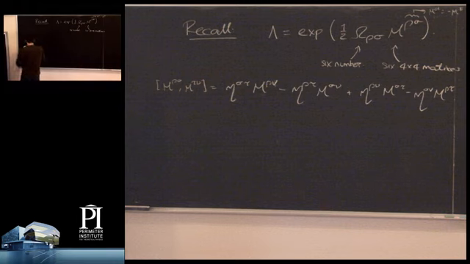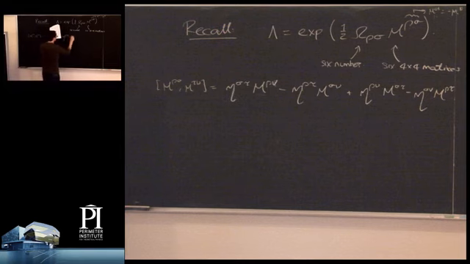So the commutation relations are, and we worked this out in the last lecture, which follow just because we gave explicitly what these M's are. So these are the commutation relations.